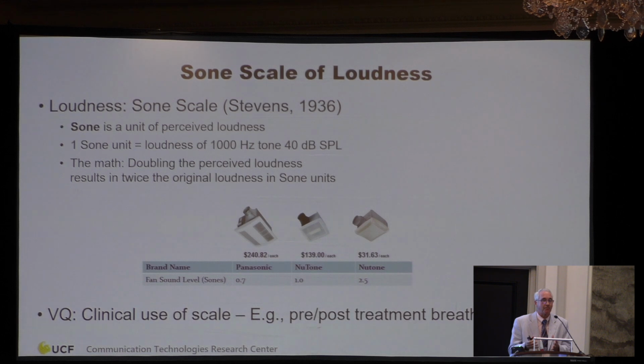If you go to the Home Depot, aisle 27, section B9, whatever, you can pull it up and it'll be on the package. And you can see, in this case, price makes sense. The more expensive one has a sound level that's 0.7 sones. That means its loudness is less than a 1,000 hertz tone at 40 dB SPL. And the least expensive has 2.5 times greater loudness than a 1,000 hertz tone at 40 dB SPL.